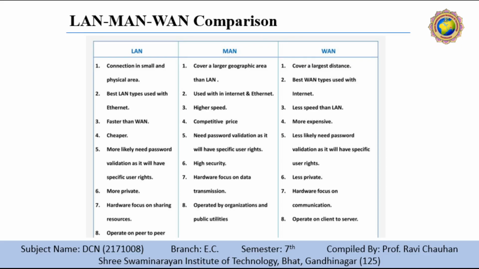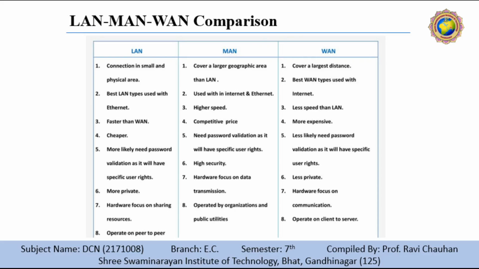Seventh difference, in a LAN, hardware focuses on the sharing of resources. In a MAN, hardware focuses on data transmission. In a WAN, hardware focuses on communication. Last difference, a LAN operates on a peer-to-peer model.